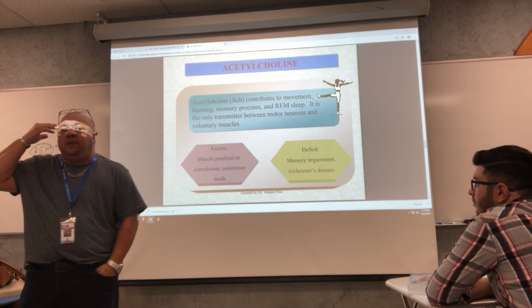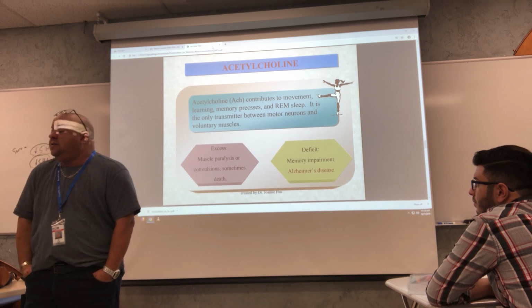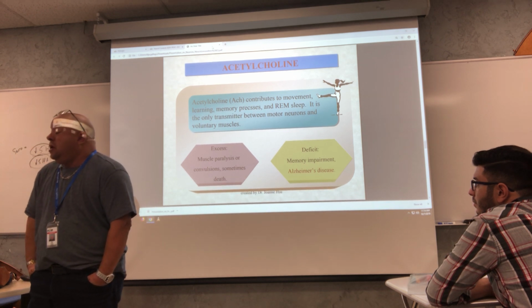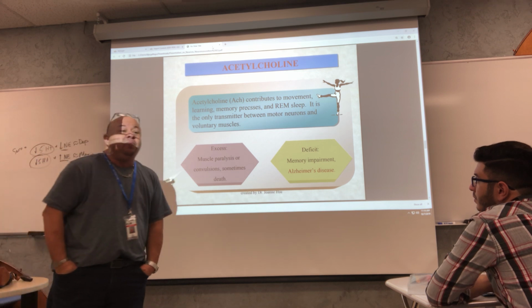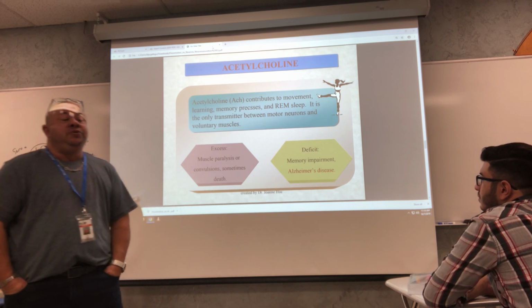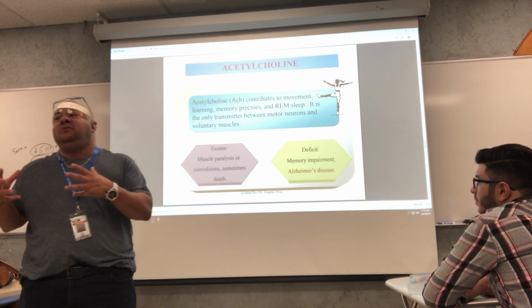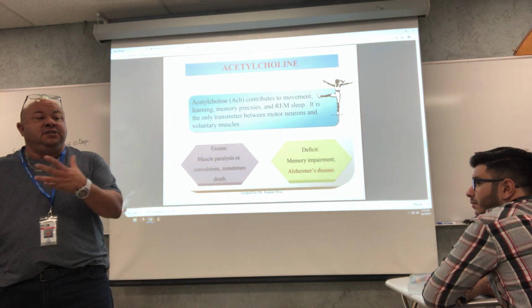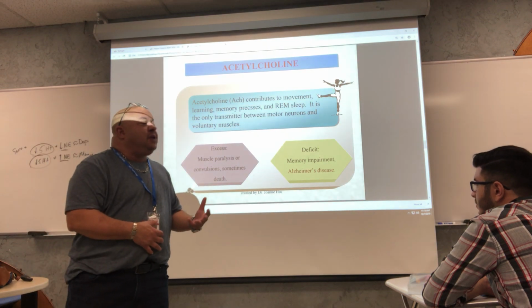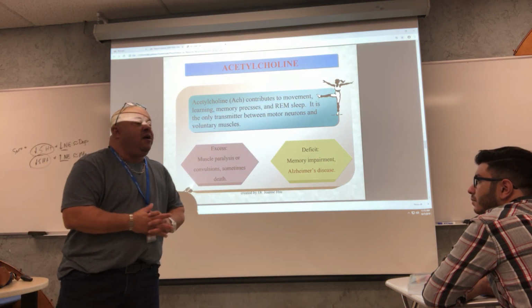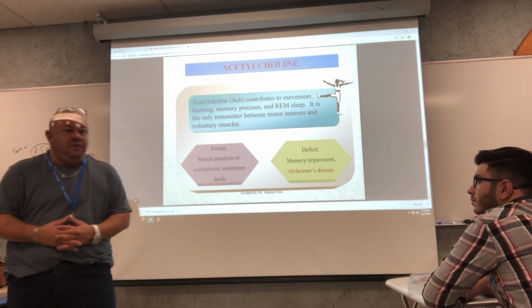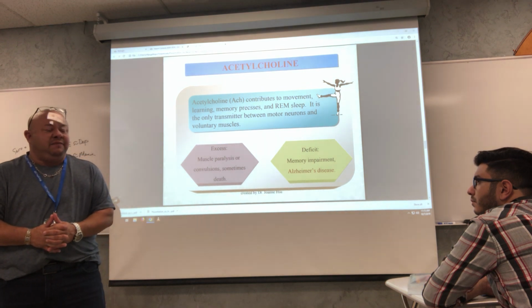So the right side of the brain, as you'll learn next time, is very emotional, whereas the left side is more rational. And what we're doing supposedly during rapid eye movement sleep is taking those emotional things and moving them to a more rational side so that they are not as upsetting to us, or we're making more sense of them.